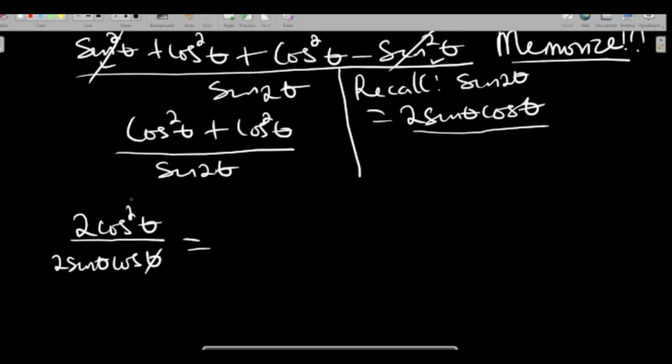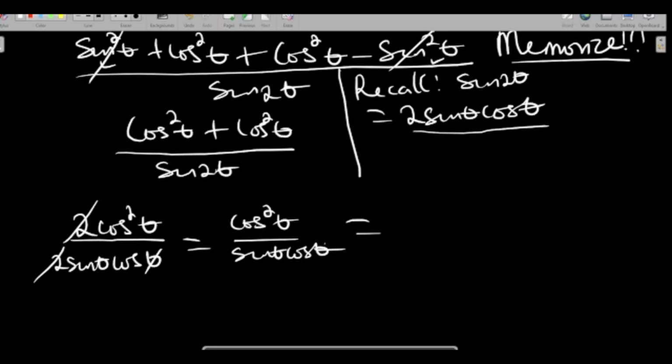Now, let's simplify. We have a 2 at the top and a 2 at the bottom. They can cancel out, right? And when they cancel out, what now remains? We have cos squared theta all over sine theta cos theta. Now, let's simplify further.